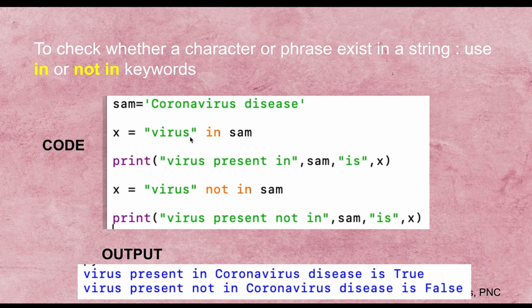In the case of in, if the given substring is present in the string, then it will return true, otherwise it will return false. And when you use not in, if that given substring is not present in the string, then it will give the output as true.